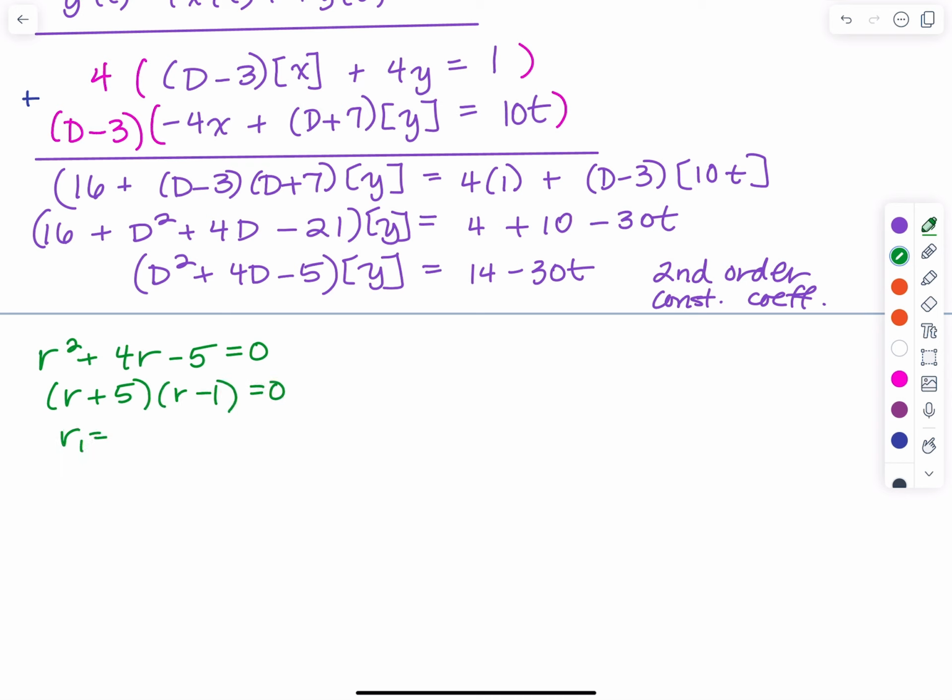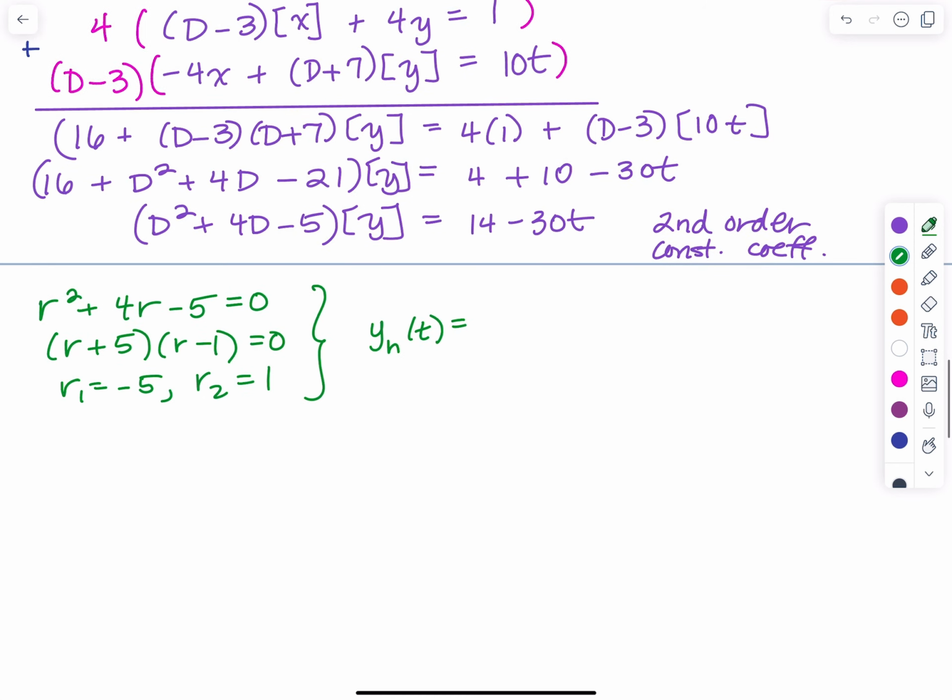So we have r1 equals negative 5 and r2 equals 1. So we have that the solution to the homogeneous equation is c1 e to the negative 5t plus c2 e to the t.